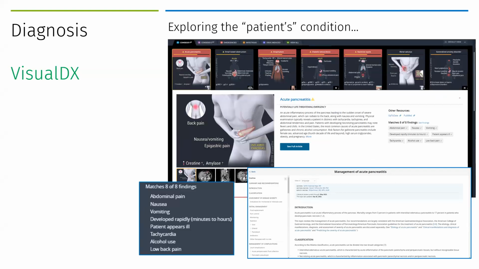And we may be looking at management through Visual DX as a diagnostic tool, or through the medium of Up-to-Date, which gives us further detail and allows us to see more about this particular issue.